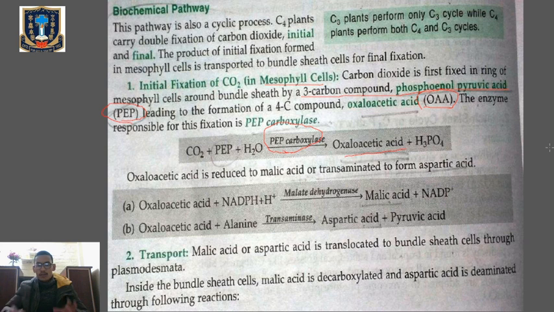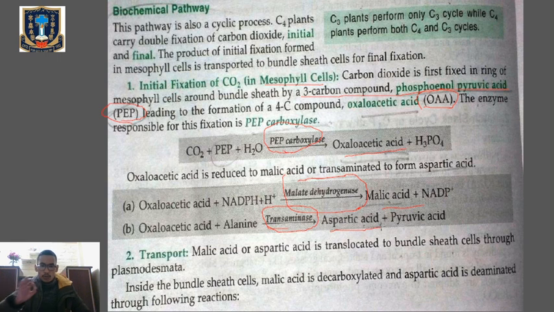Now the oxaloacetic acid, which is the initial product of carbon dioxide fixation in the mesophyll cells, will be reduced to malic acid by the enzyme malate dehydrogenase, or it will be transaminated by the enzyme transaminase to form aspartic acid.